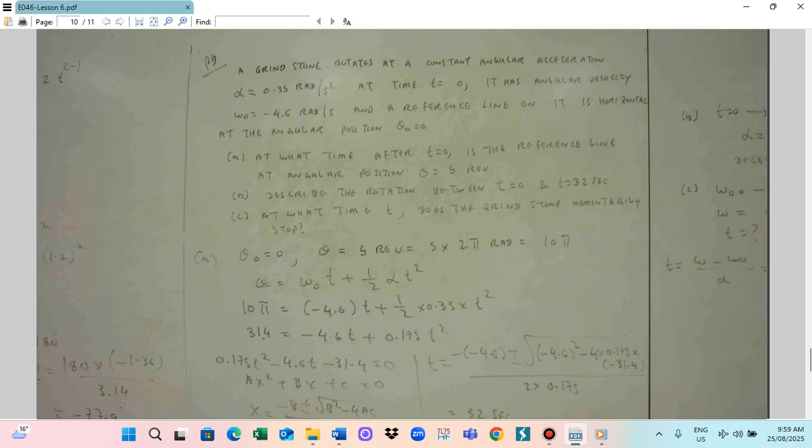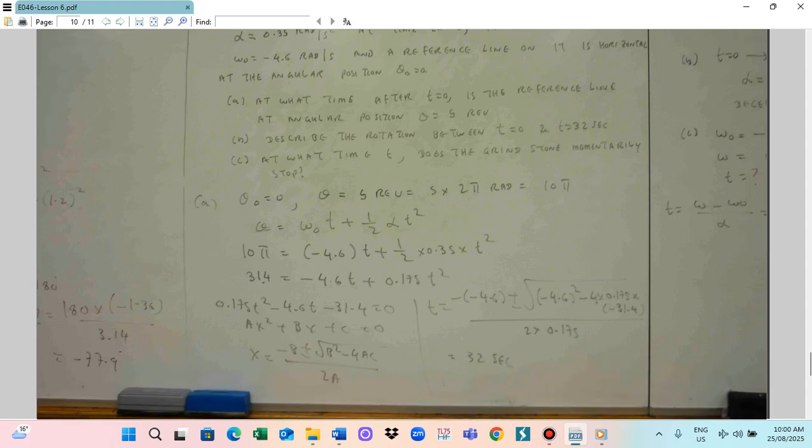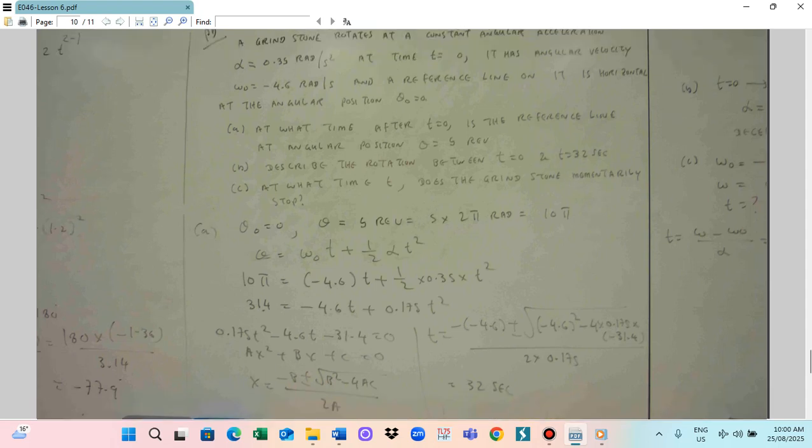So what you get is 10 pi, which is 31.4, equal to minus 4 by 6 into t plus 0.175 into t squared.